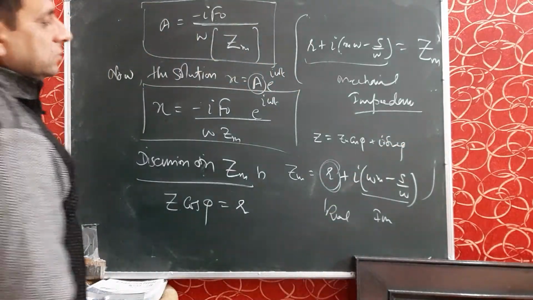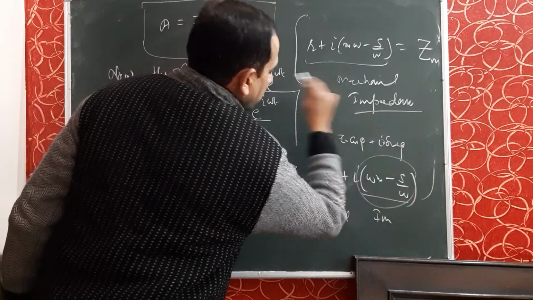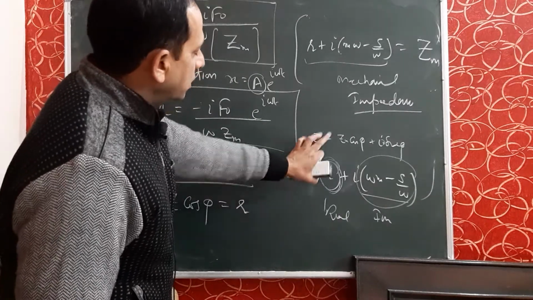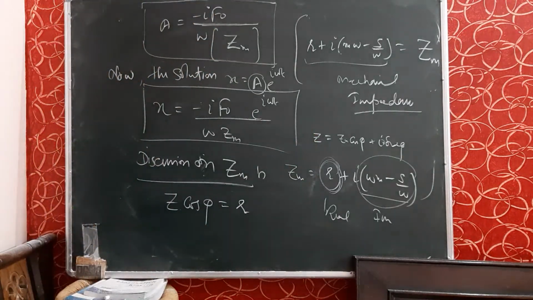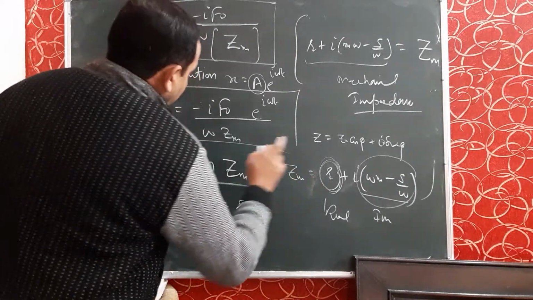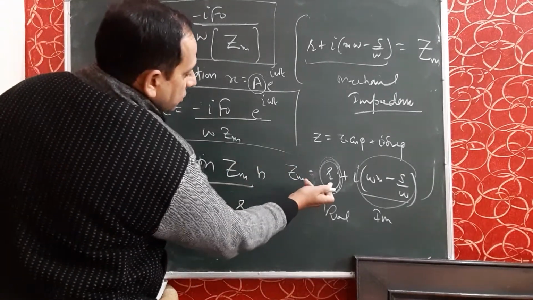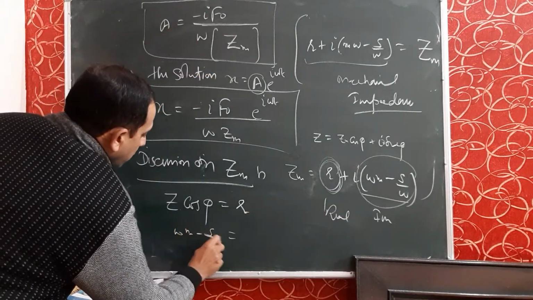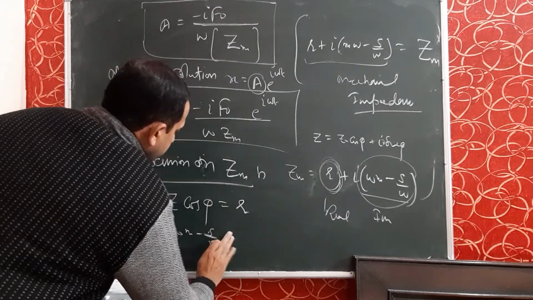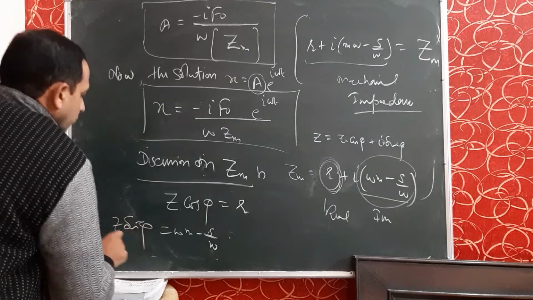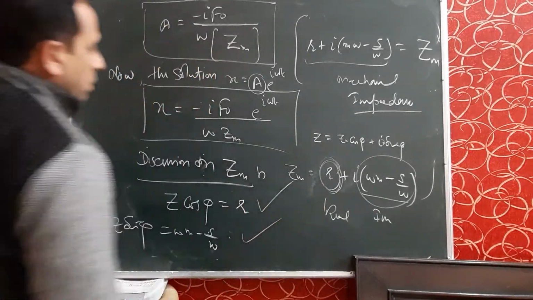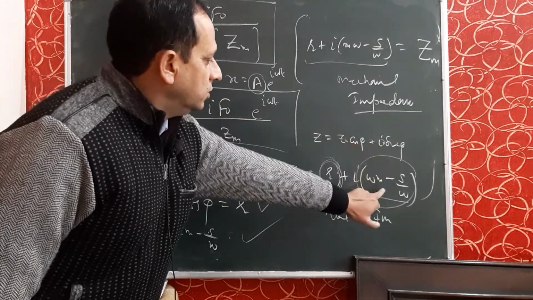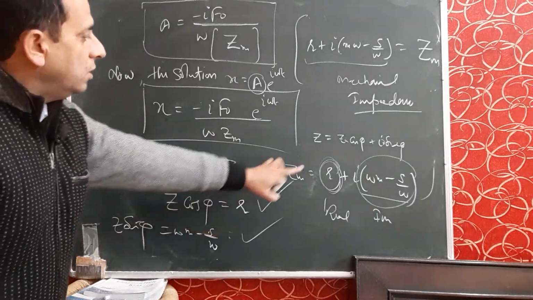So on comparison with the standard complex number equation, the real part is Z cos phi, so I put R as Z cos phi, and the second one, omega m minus s by omega, as Z sin phi. So these two terms make up the complex number: the real part is this, the imaginary part is this.